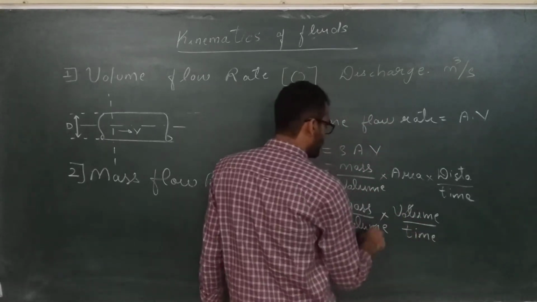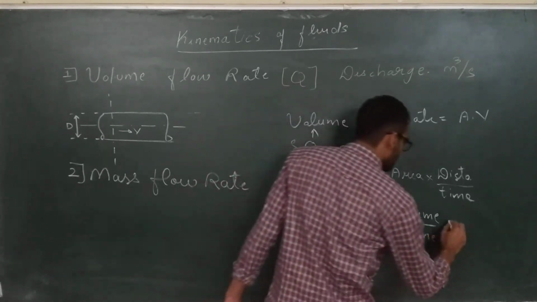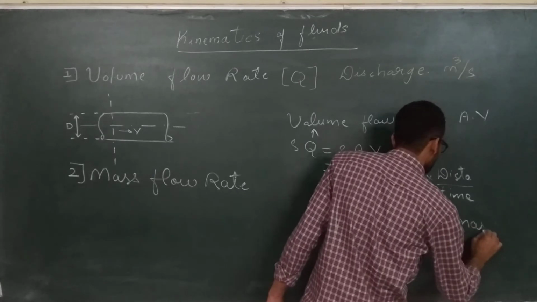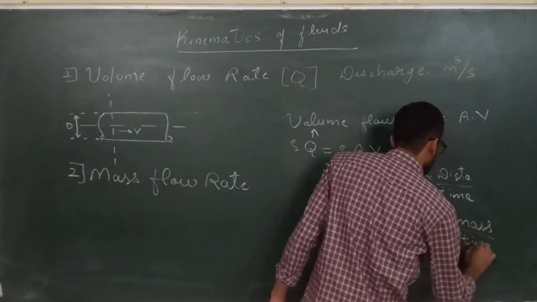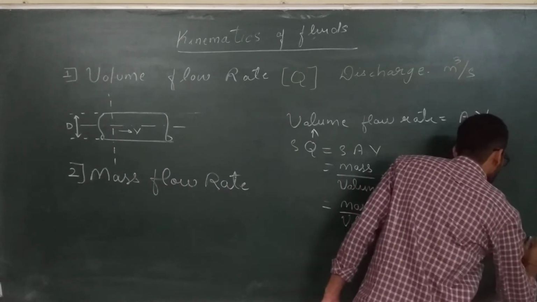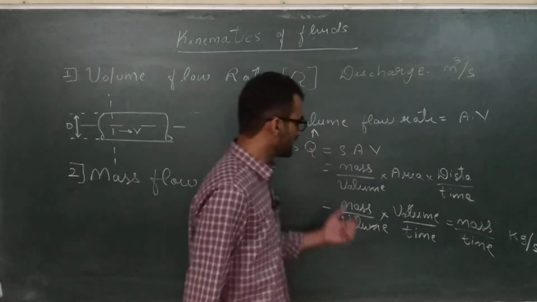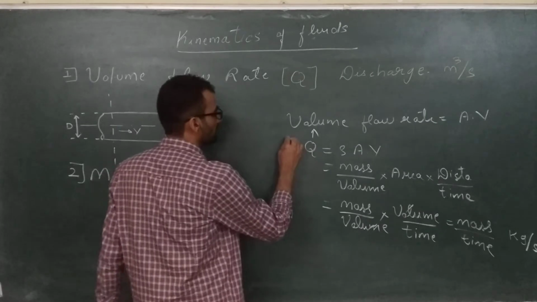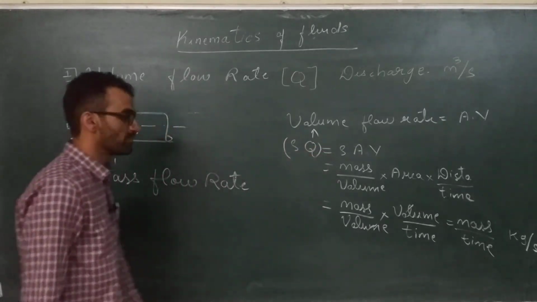So volume will get cancelled and we are getting mass per unit time, which is nothing but kilogram per second. So rho into Q is nothing but the mass flow rate.